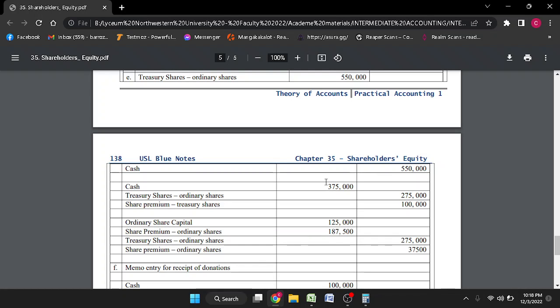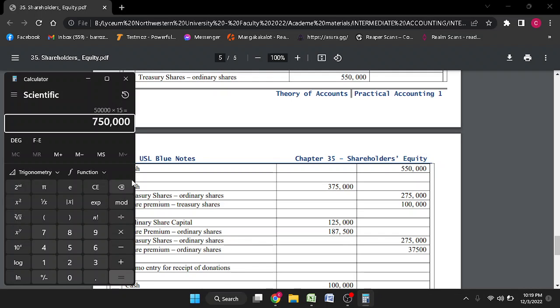Okay, let's now move on to the retirement of the other half. Okay, the other half is 275,000. So half of the shares was 25,000, that is 50,000 times 50%.